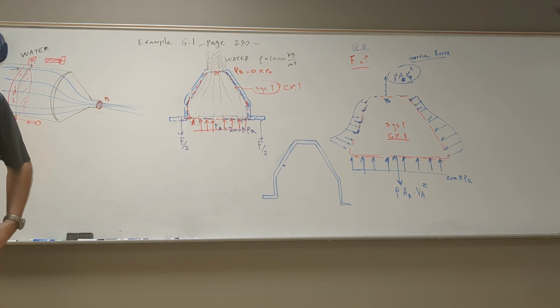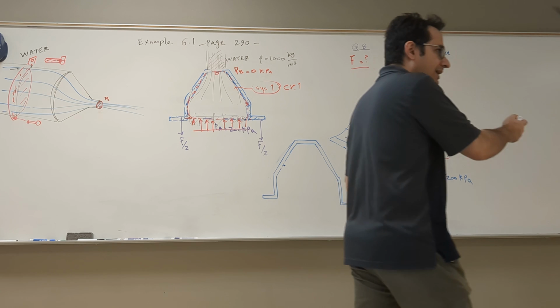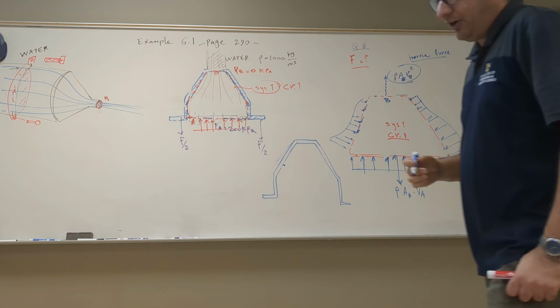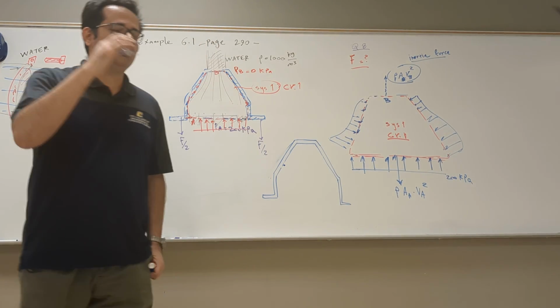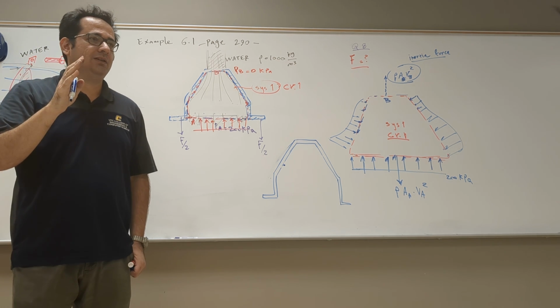Did you add inertial load in your dynamics to your FBD? Really? That means when you did FBD in dynamics, you didn't add inertial load? I don't remember, we may have. The problem is, some students come to me and say it's been a long time and we don't remember anything at all.